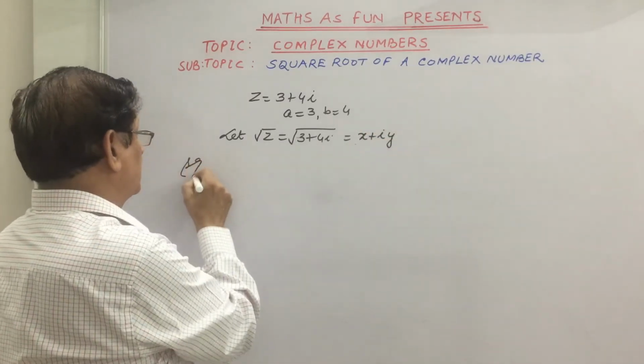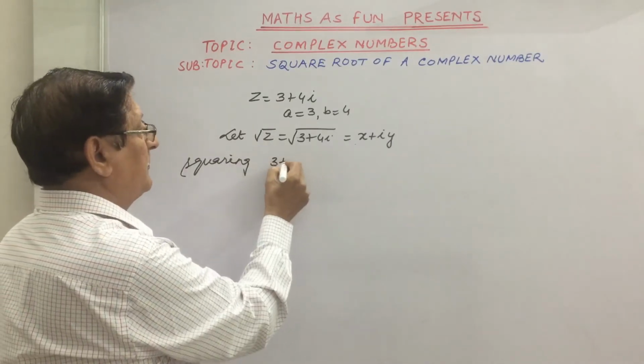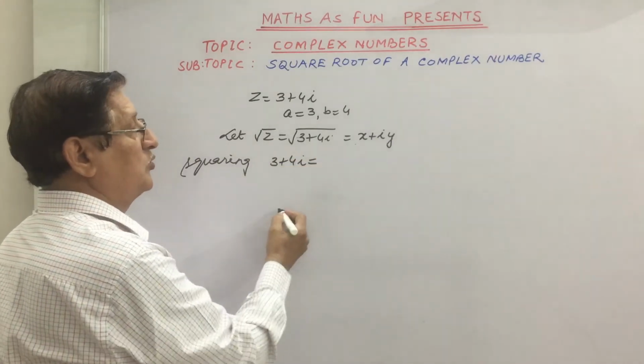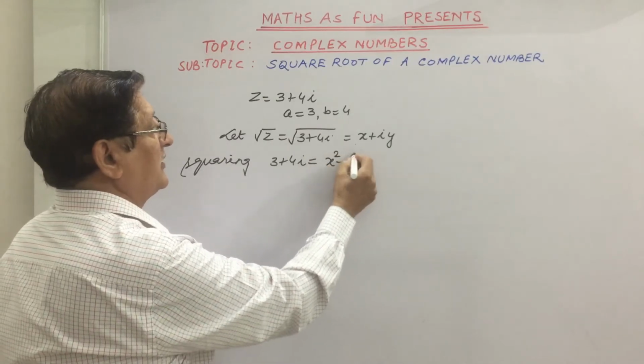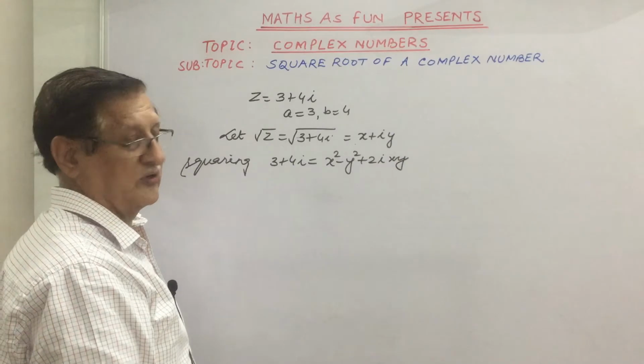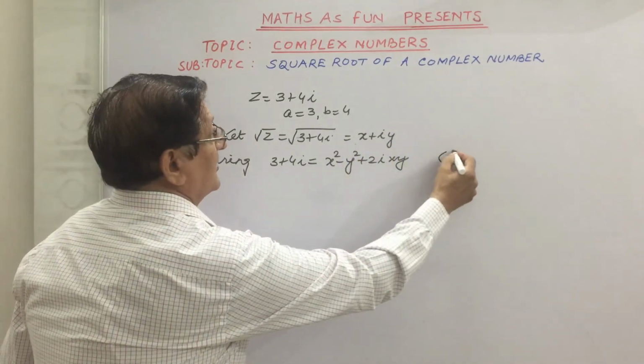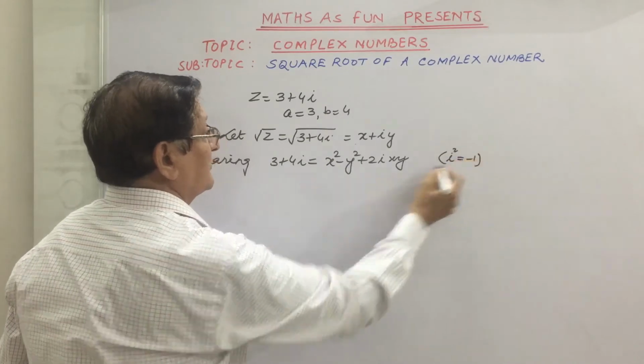If we square both the sides, we will get 3 plus 4 iota equal to x square minus y square plus 2 iota xy. We know the whole square of a plus b, and we also know that iota square is minus 1, that's why it is negative.